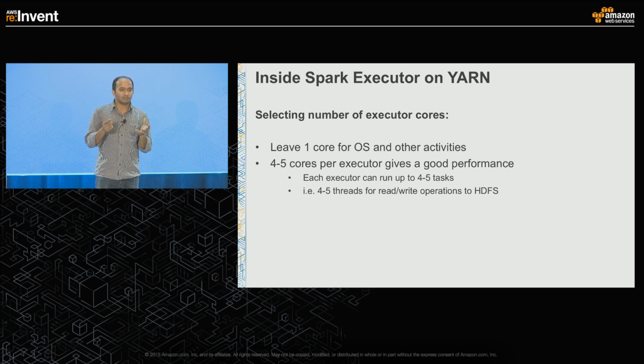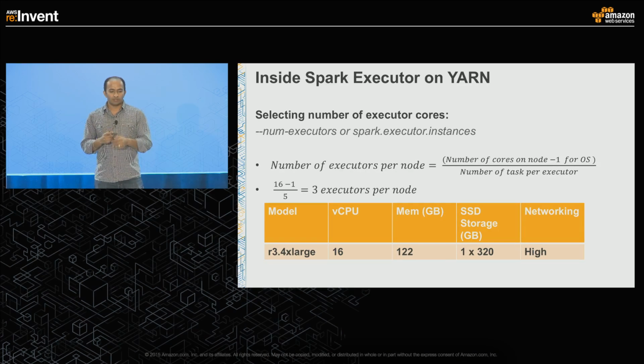This 4 to 5 threads figure was derived after multiple iterations and optimizations, and I found that 4 to 5 threads makes good sense. So considering 4 to 5 cores per executor, this is a simple formula you can use to set the number of executors needed per node.